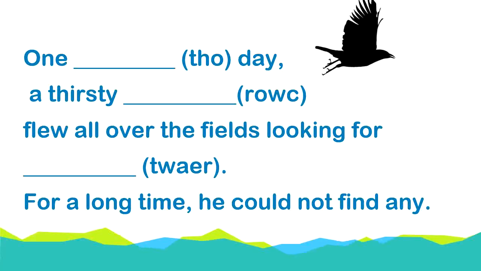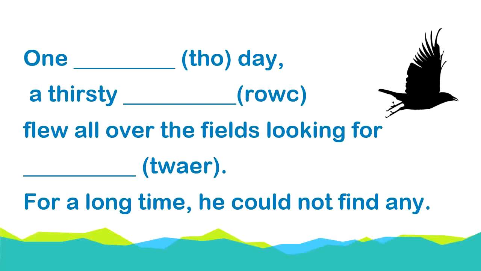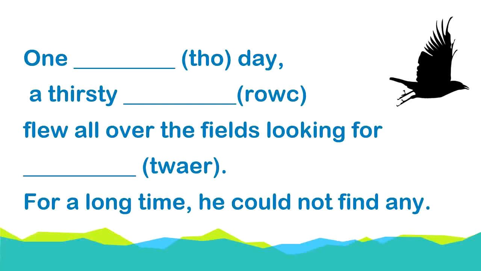One day, a thirsty dash flew all over the fields looking for dash. For a long time, he could not find any. So children, could you guess the story? Yes, it is about a bird, isn't it? As you can see from the picture given here.